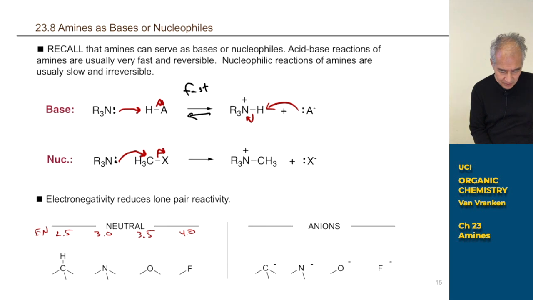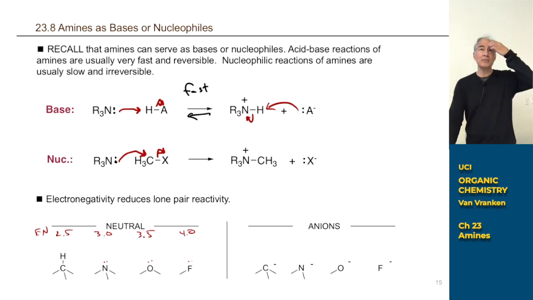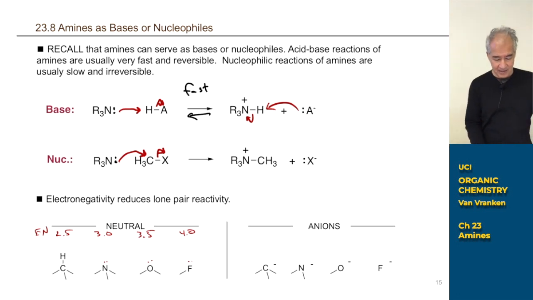All of the nitrogen, the oxygen, and the fluorine have lone pairs. And so we can talk about the nucleophilicity of an amine, of an ether, of an alkyl fluoride. And it has to do with how electronegative these atoms are. The most electronegative atom does not want to give up that lone pair. Alkyl fluorides are not nucleophilic. The fluorine atom on a fluoroalkane is not nucleophilic.